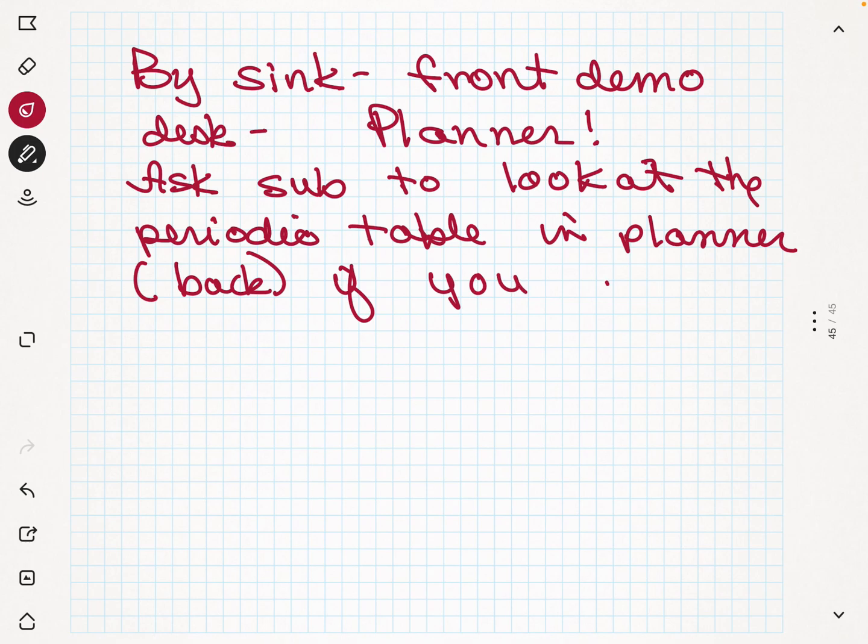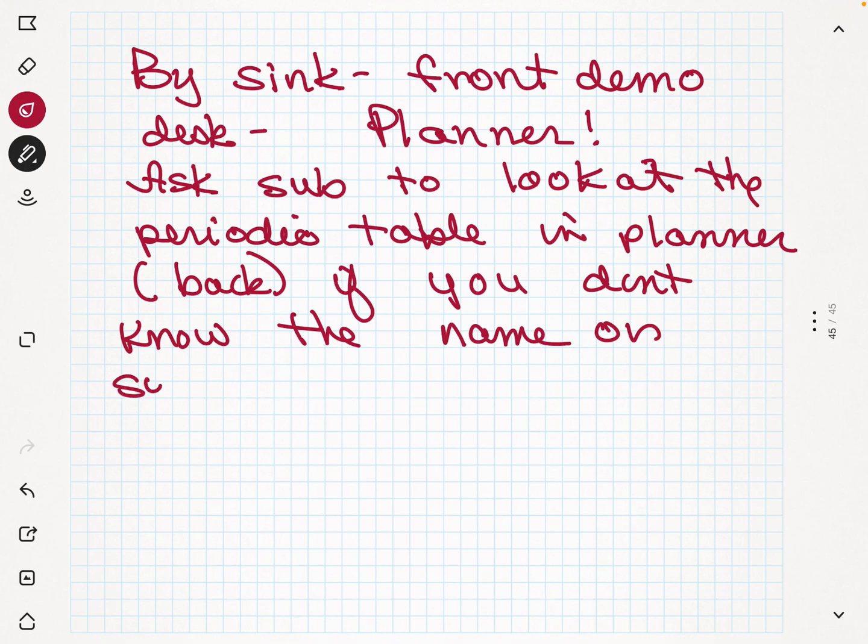If you don't know the name or symbol, somebody should be able to figure that out. You could also ask somebody in class to be in charge of doing that. Ask the sub or someone in class.